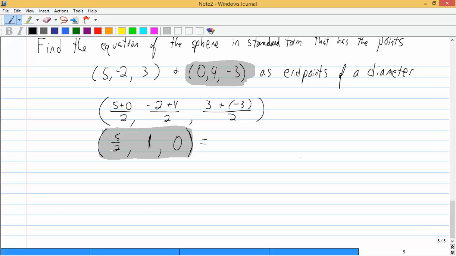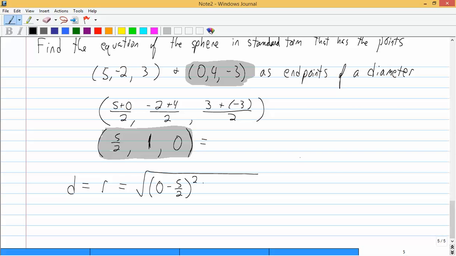It doesn't matter which way, because you're taking the difference and squaring it. Alright, so the distance, or the radius, is going to be equal to the square root of, let's say, I'm going to let this one up here be my first point and this be my second point. It doesn't matter though, you're going to get the same answer.